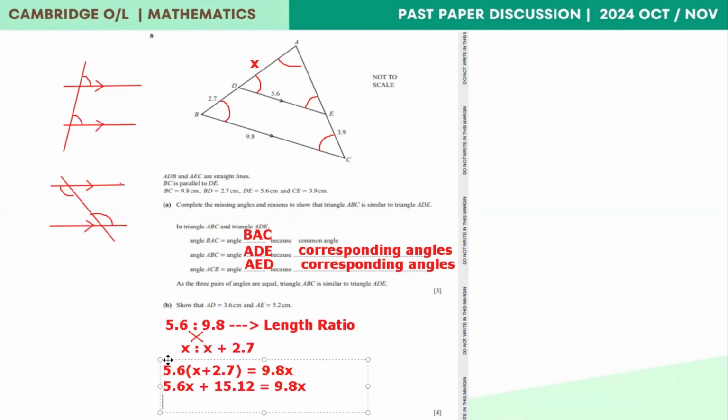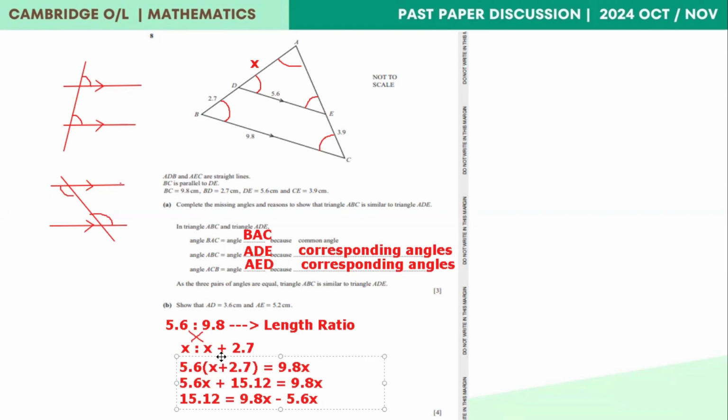Now we can move the 5.6X to the right, so 15.12 is equal to 9.8X minus 5.6X, which is 4.2X.